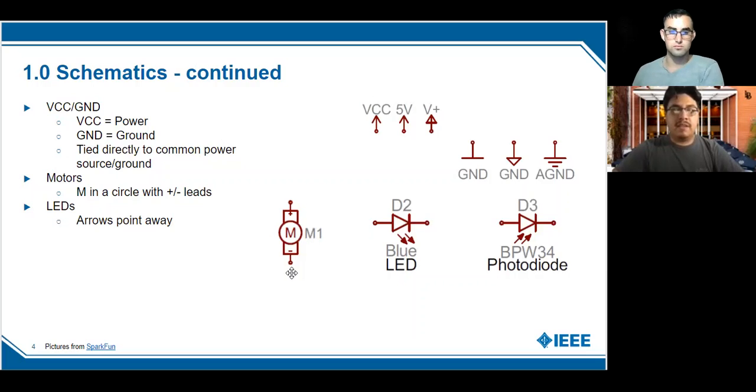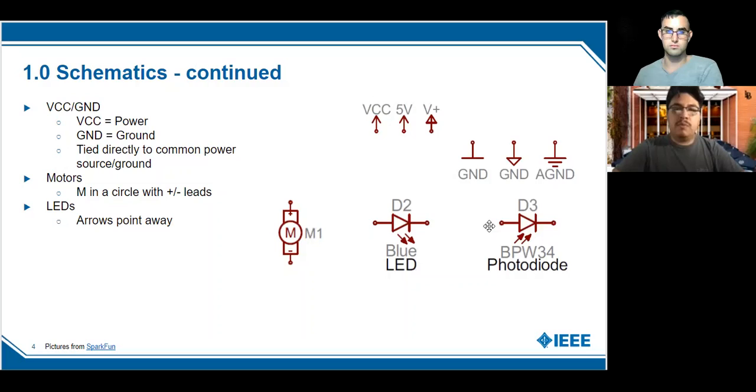And then we have LEDs, which are arrows pointing away. So there we see a blue LED, but you have to keep in mind that an LED is essentially just a diode. But what really differs that from a regular diode is the two little arrows that are pointing away. And then on the right of that, we also have a photodiode, and the difference in that one is that we have two arrows pointing towards the diode.